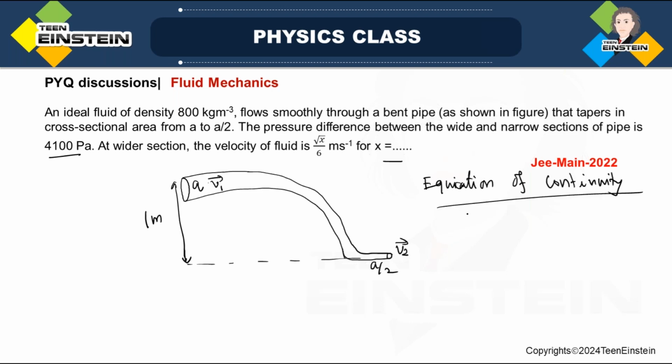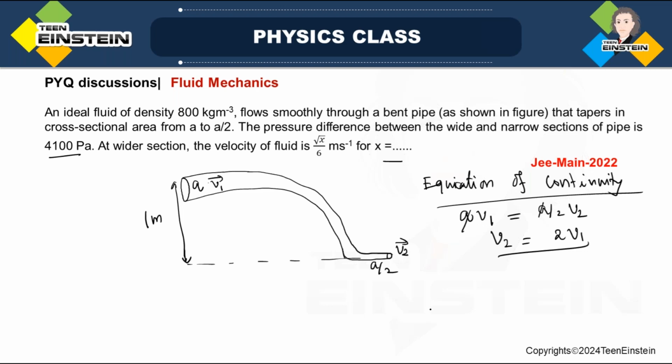So what is that? That is A v is constant. That means A1 which is A, v1 is equal to A2 which is A by 2, v2. So from here, I'll get a relation between v1 and v2. Look, this A cancels. So I get v2 is equal to 2v1. This relation I get.